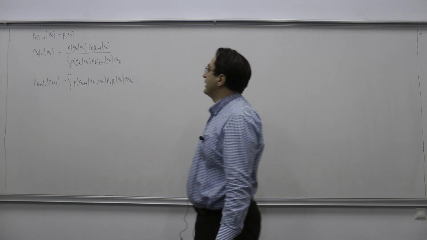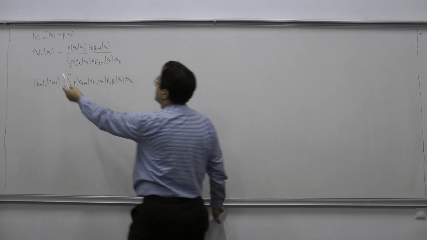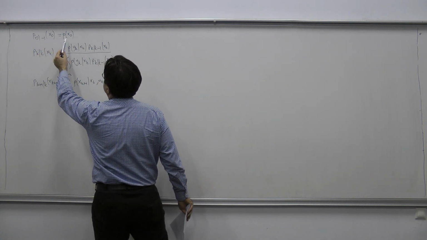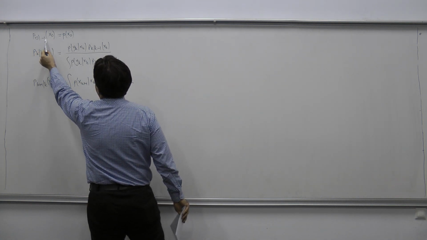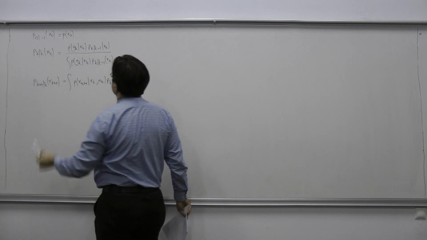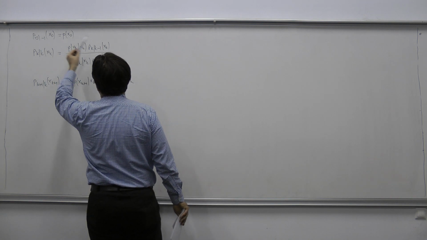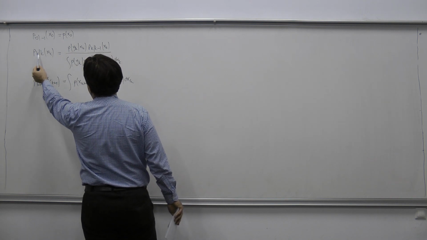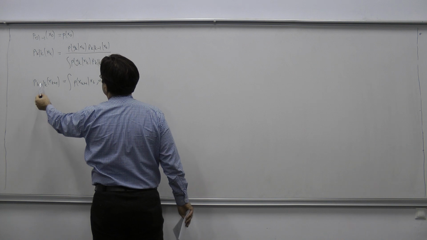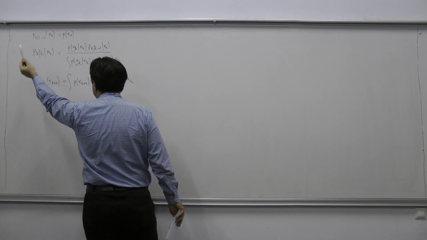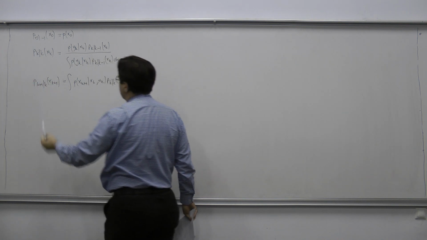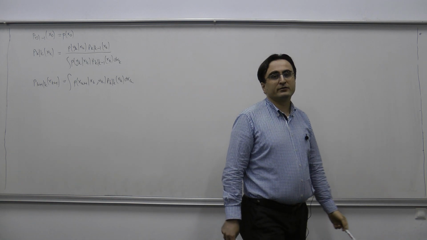This is the so-called Bayesian recursion. So we start with k equals 0, and we set pk given k minus 1 to the initial state distribution, and then we calculate p0 given 0, and then p1 given 0, and then p1 given 1, p2 given 1, etc.